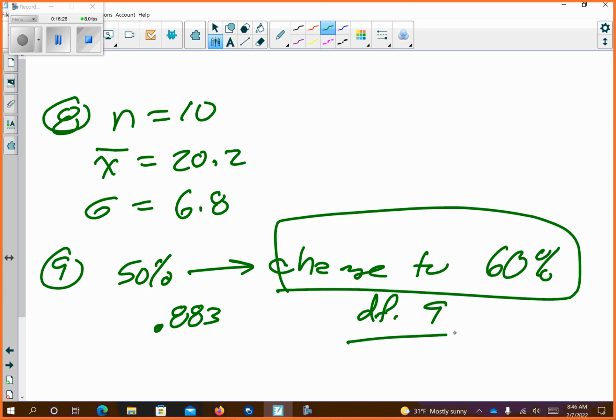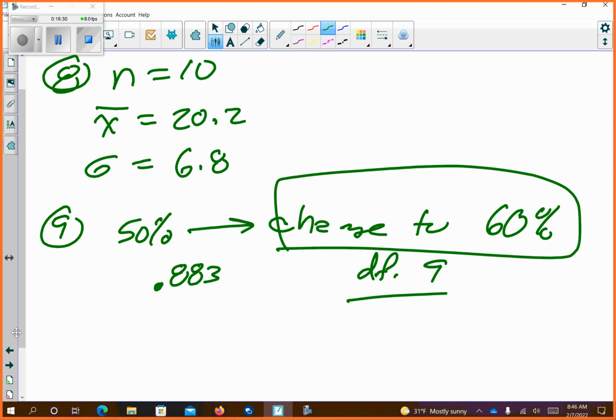Realize this, friends, I'm changing the 50% and making it 60%. So our confidence interval would be 20.2 plus or minus 0.883.